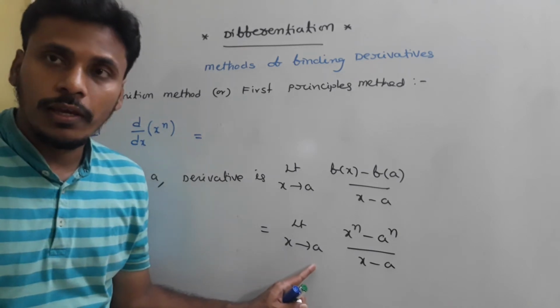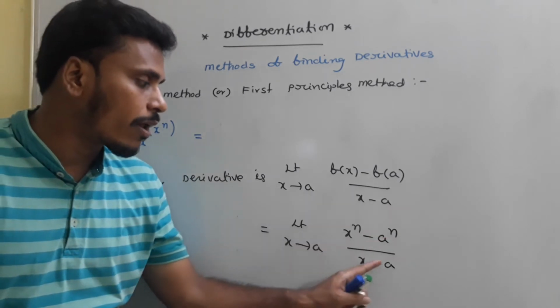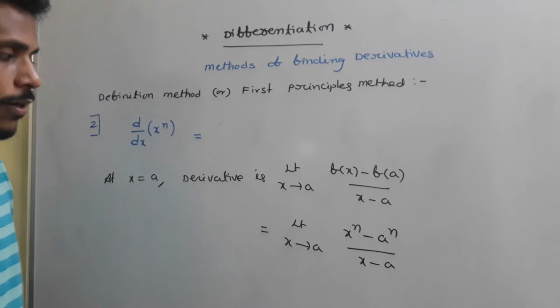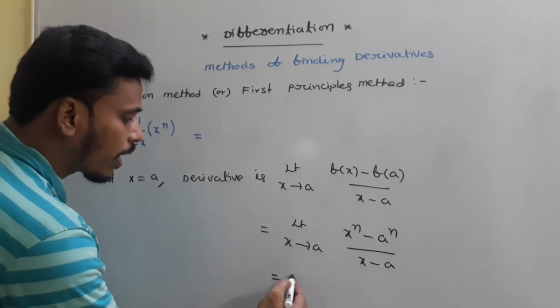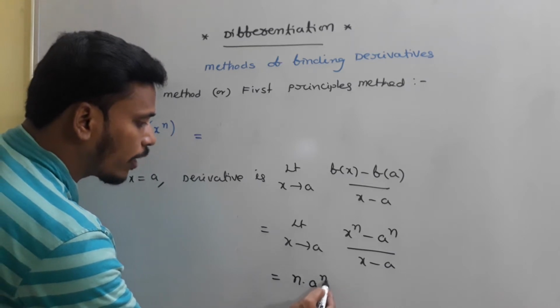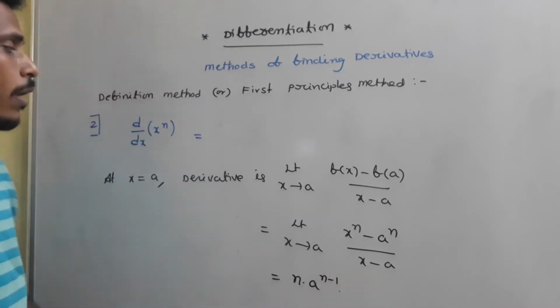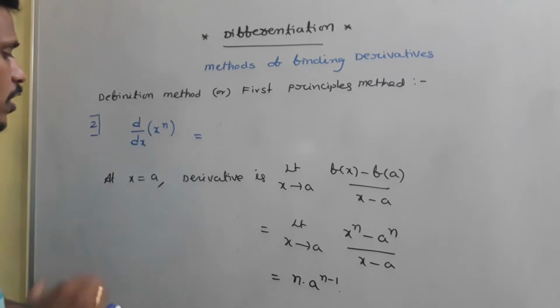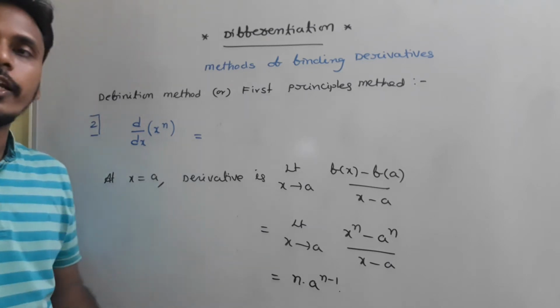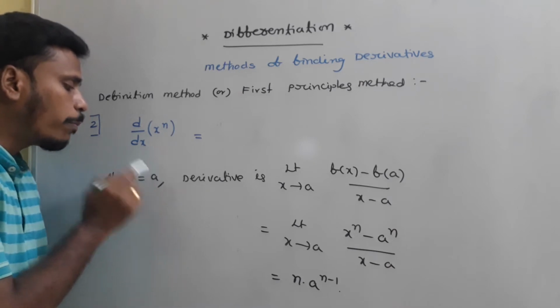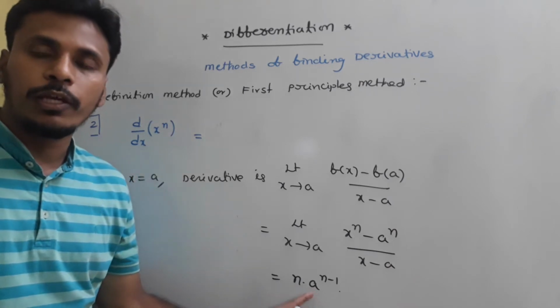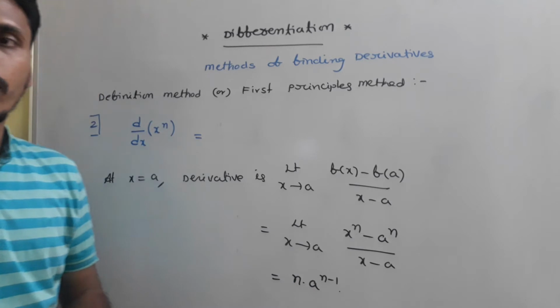Limit x tends to a, x power n minus a power n by x minus a, is what? Already we learnt it as a standard limit from the concept of limits, and its limit value is n into a to the power n minus 1. Just observe it. At x is equal to a, the derivative is n into a to the power n minus 1. So if you wish to calculate the derivative at b, then in terms of b we will get n into b power n minus 1.